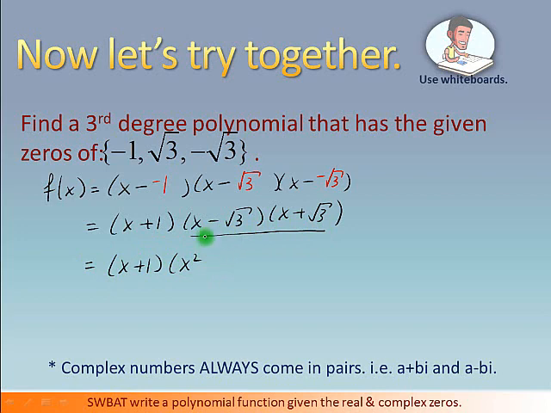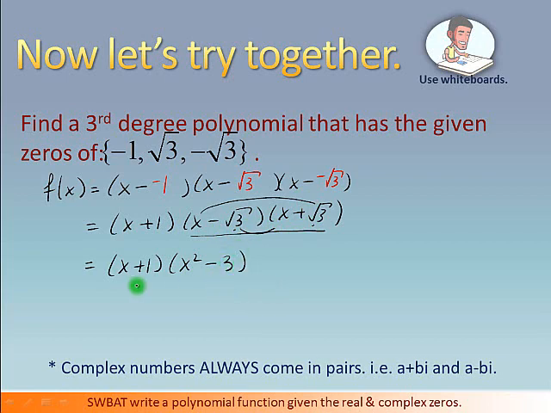The middle terms are going to cancel. So I'm going to worry about these two here. Negative times positive is negative. Square root of 3 times square root of 3 is just 3.